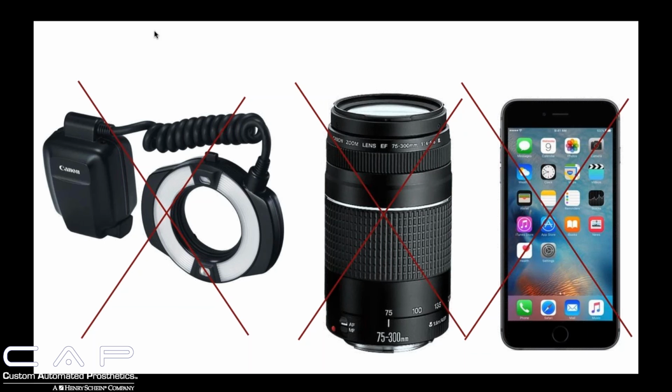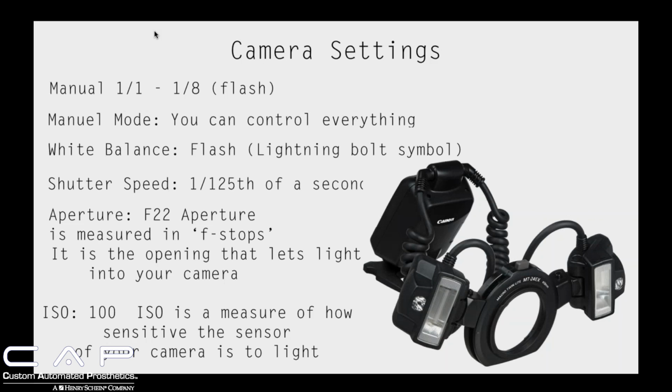So here are the camera settings. If any of you had seen my last or one of the previous webinars that I did for model photography, for taking photos of your work to show your dentists or show clients or Facebook posts and stuff, this is all pretty much the same. I don't change much. I don't like messing around with camera settings too much, but I'll just go over these.